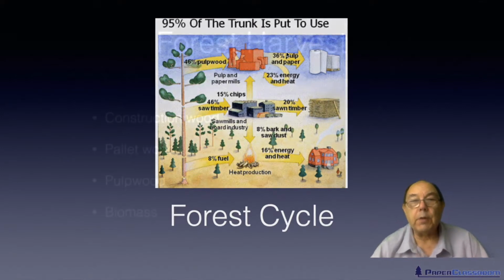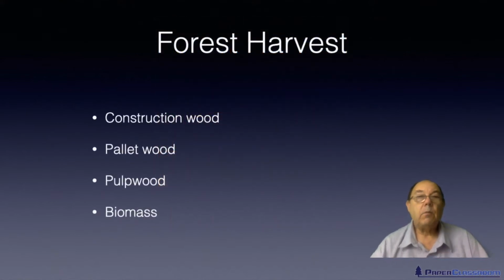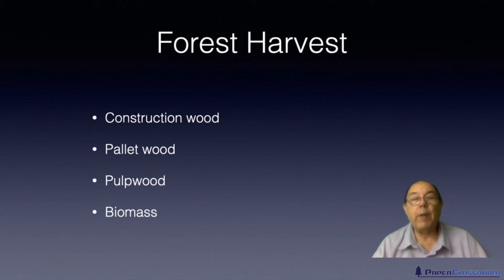So just to sort of summarise this figure and make it a little clearer, when you harvest the forest, when you do the thinnings, the sorts of things that you can get is construction wood. Typically, construction wood is taken from trees that have a diameter of greater than 18 centimetres.